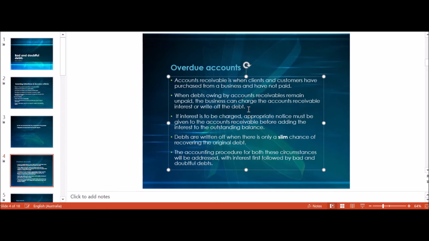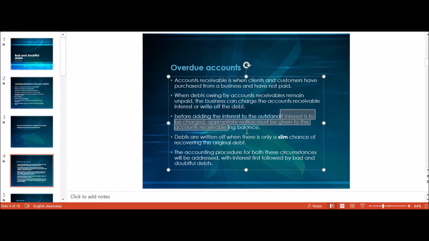Some options then, if people are overdue on accounts, we can charge them interest. Interest can be charged, and we must give appropriate notice. Sometimes you may receive a bill in the mail for your telephone, whatever company you use, and it will state in small print, if you don't pay by the due date, you will have to pay interest or an extra amount.